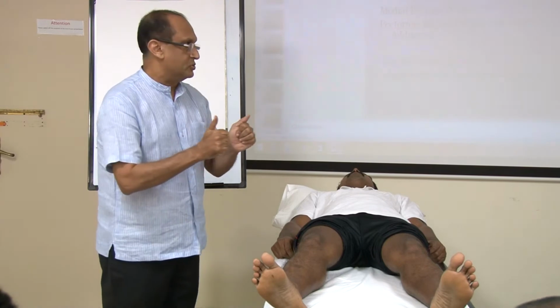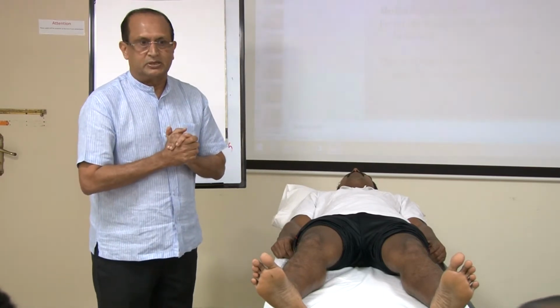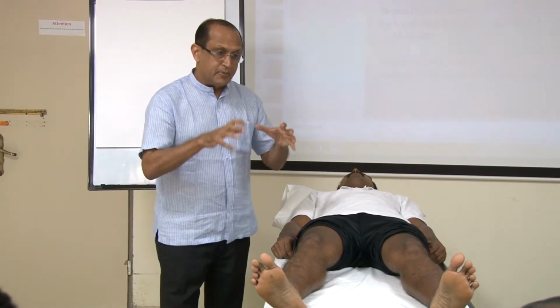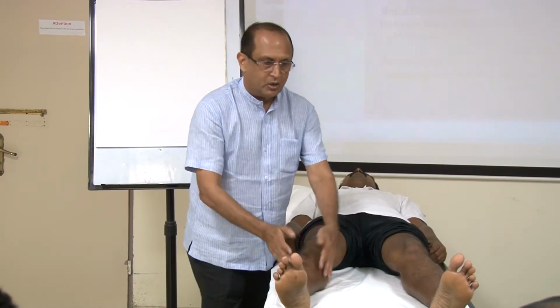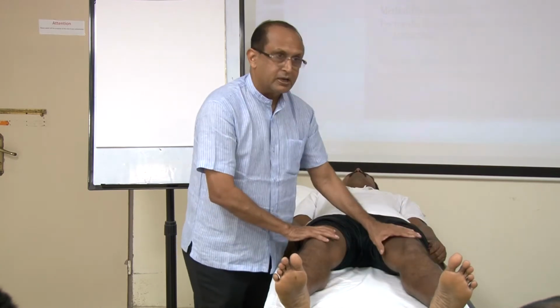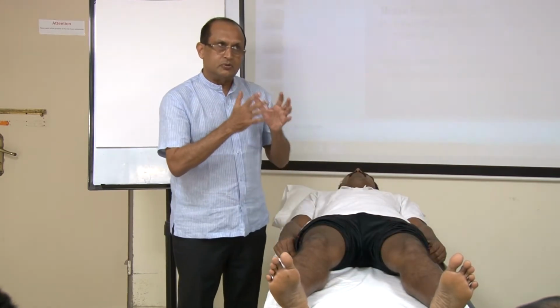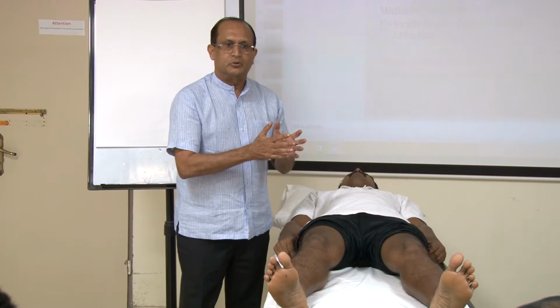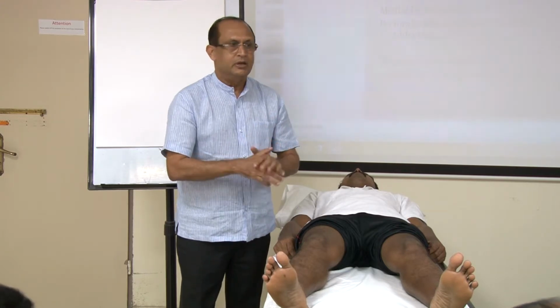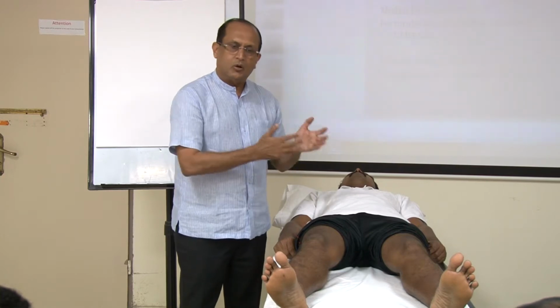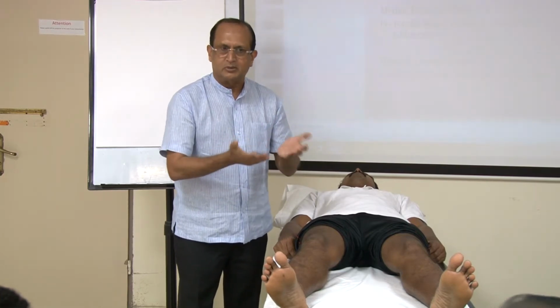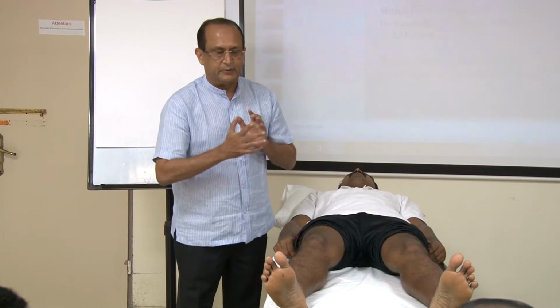So if you see marked wasting of the anterior compartment muscles or the foot muscles or the thigh muscles, then you are sure that this is not an upper motor neuron lesion. It could be a lower motor neuron lesion, either a peripheral neuropathy, or it could be an anterior horn cell disease in the spinal cord. Then you can proceed further.